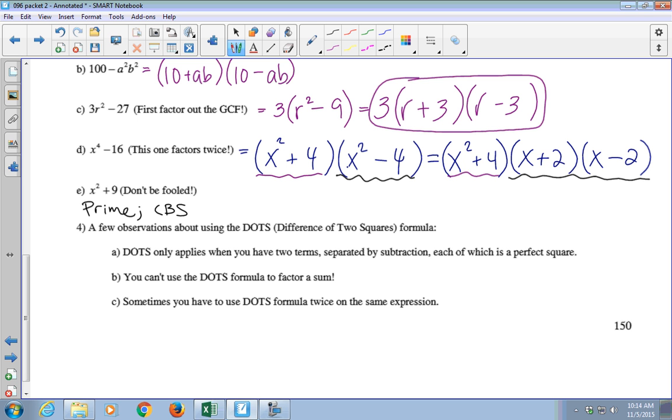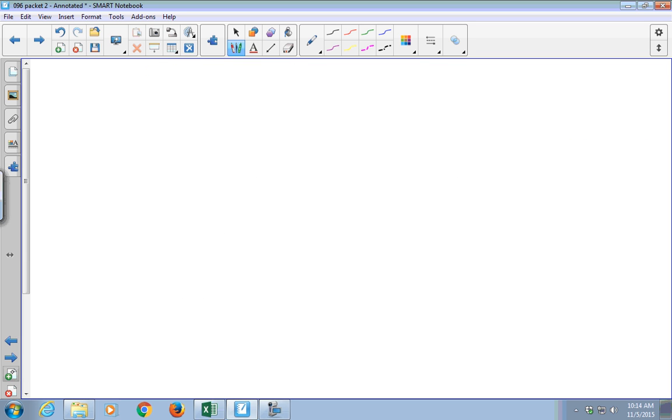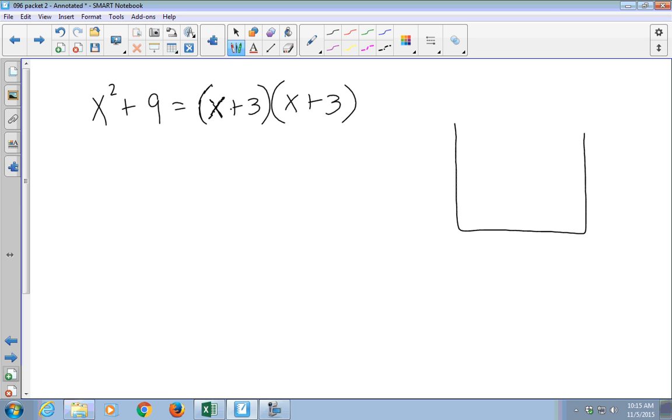Great question. Let's see what happens. So Abby has proposed that maybe this factors to x plus 3 times x plus 3, right? It's definitely not x plus 3, x minus 3, because then that would multiply to x squared minus 9. But let's see what happens if I multiply x plus 3 times x plus 3. This is the beauty of factoring. You can always multiply it out and know if you're right.